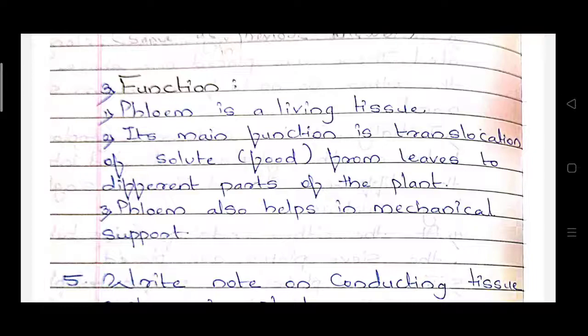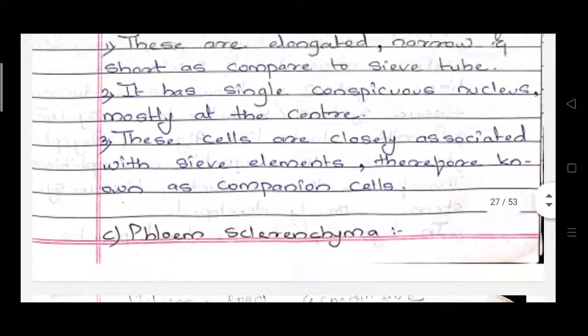But it also helps in mechanical support. So here we finish all four types of mechanical tissue system. First we discussed collenchyma, then sclerenchyma, third xylem, and last the phloem.